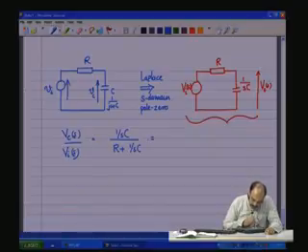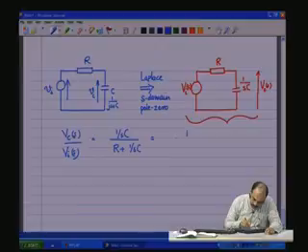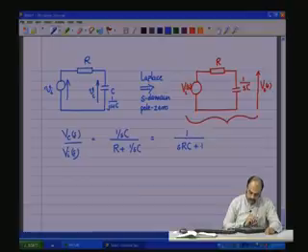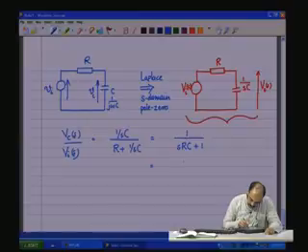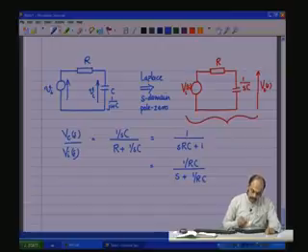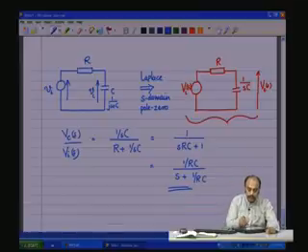Or if we simplify this, multiplying throughout by S C in the numerator and the denominator, you have 1 divided by S R C plus 1. Still further simplifying, we can write it as 1 by R C divided by S plus 1 by R C. So, this is the transfer function for this network, that is for this RC network.